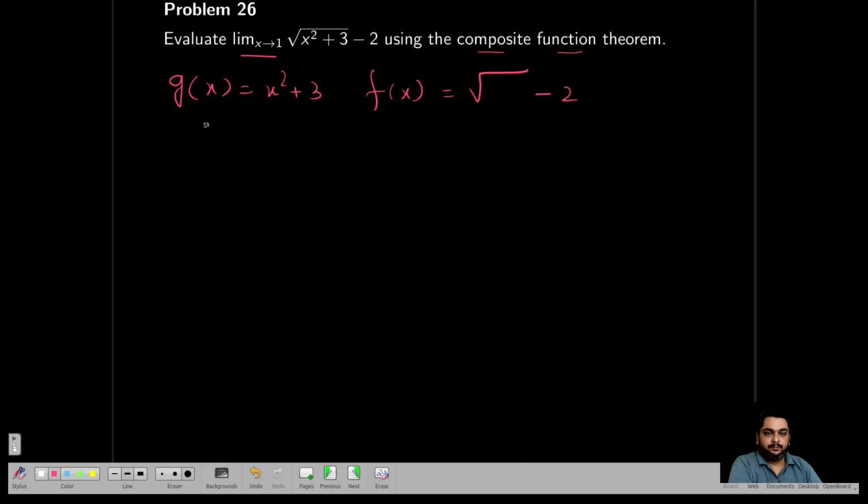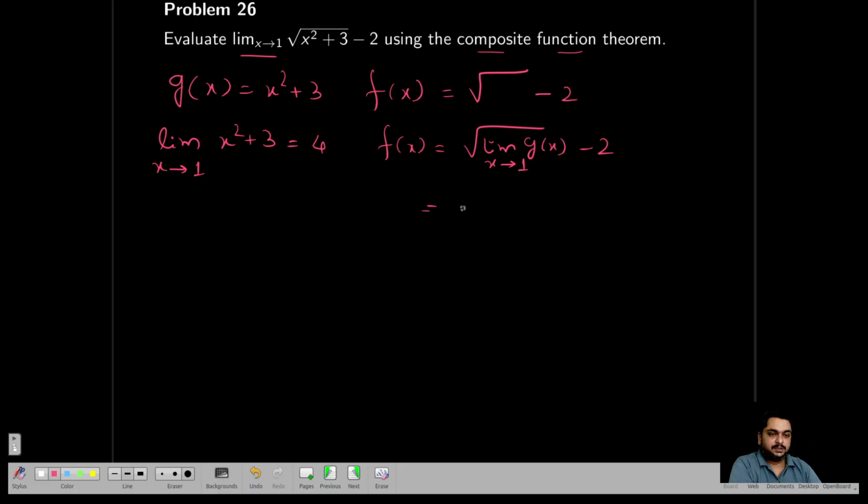Now limit of x approaches 1 of x square plus 3, that is g of x, is equal to 4. By the composite function theorem, f of the limit of g of x, so the square root of 4, minus 2. This is equal to 0.